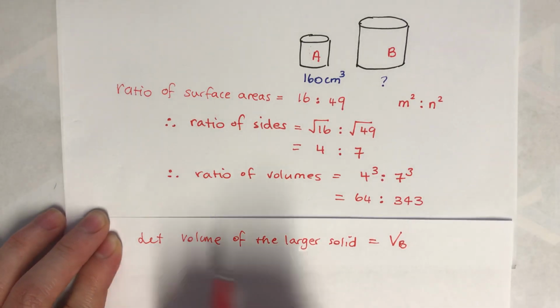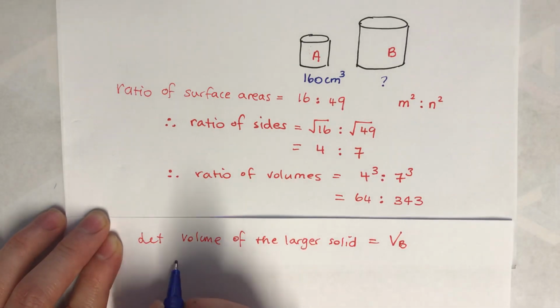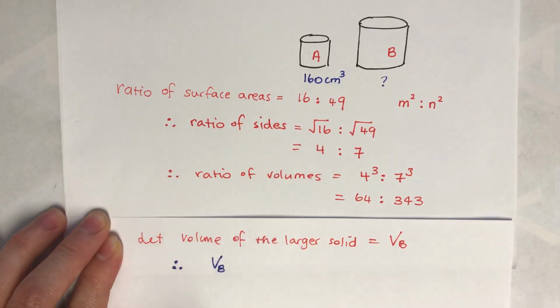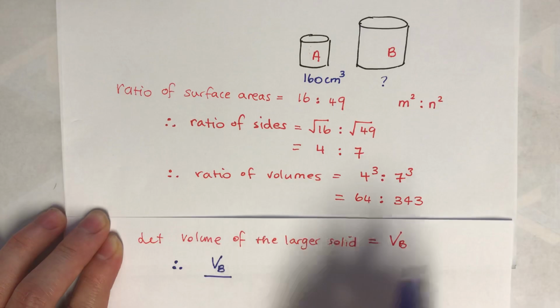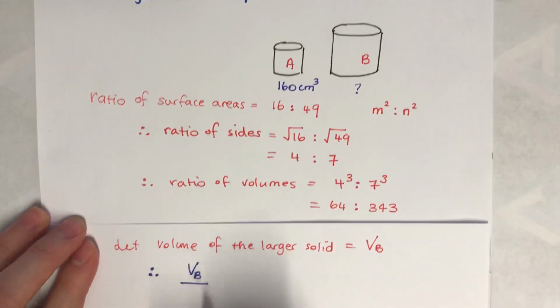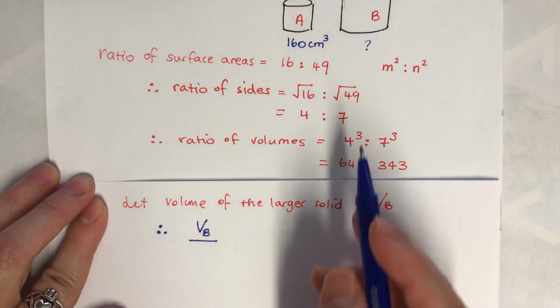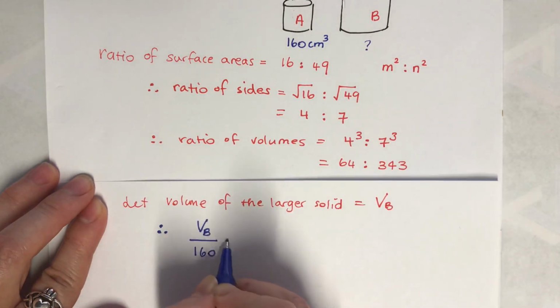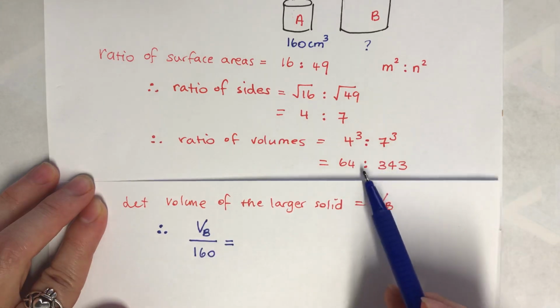Now we need to put it into the ratio part. I'm going to put my unknown first: VB over the smaller volume equals the ratio.